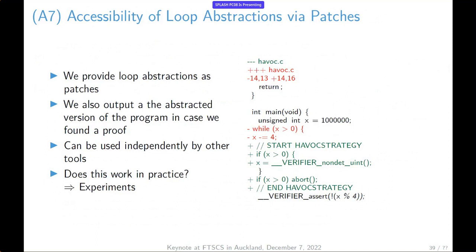You usually don't want to dig into the code and change it. And this way, what we have now is a new kind of artifact. It's a program with abstracted loops. The nice thing is it's still nothing new because it's C syntax. It's just an ordinary C program where just a few lines of code were changed.